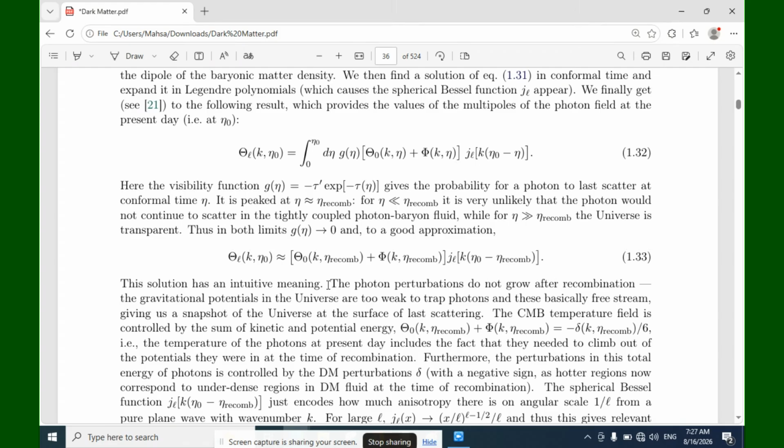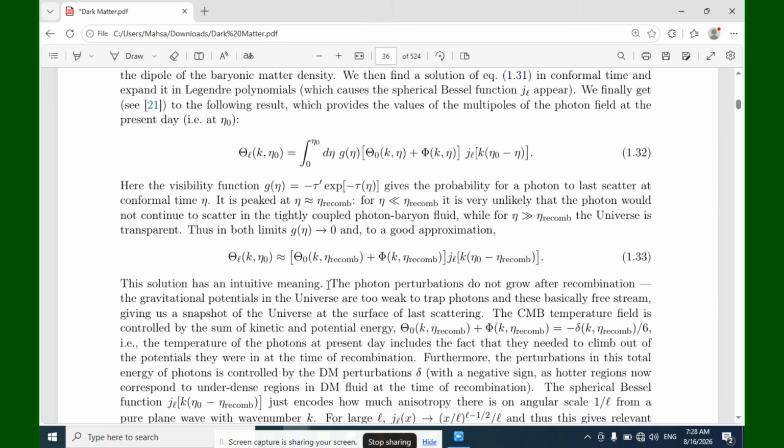Here the visibility function g(eta) is equal to minus tau prime exponential of minus tau(eta), and gives the probability for a photon to last scatter at conformal time eta. It is peaked at eta equal to eta recombination. For eta much less than eta recombination, it is very unlikely that the photon would not continue to scatter in the tightly coupled photon-baryon fluid, while for eta larger than eta recombination, the universe is transparent.